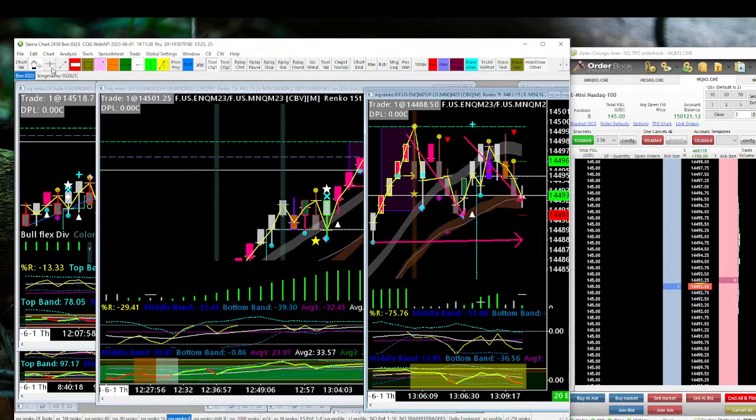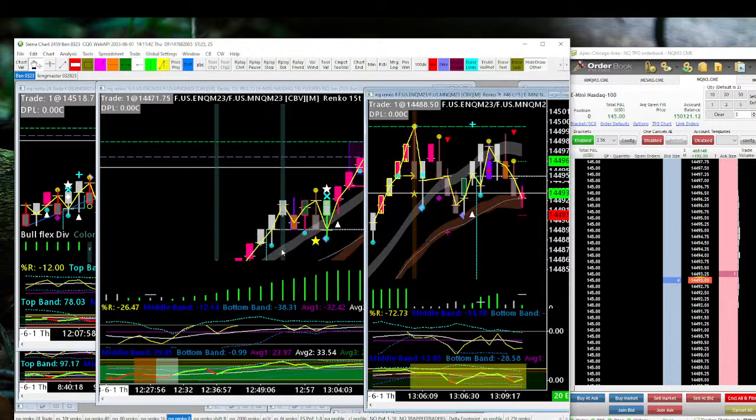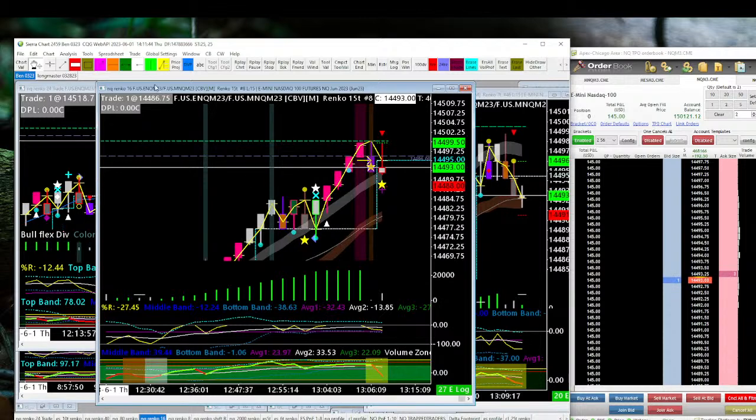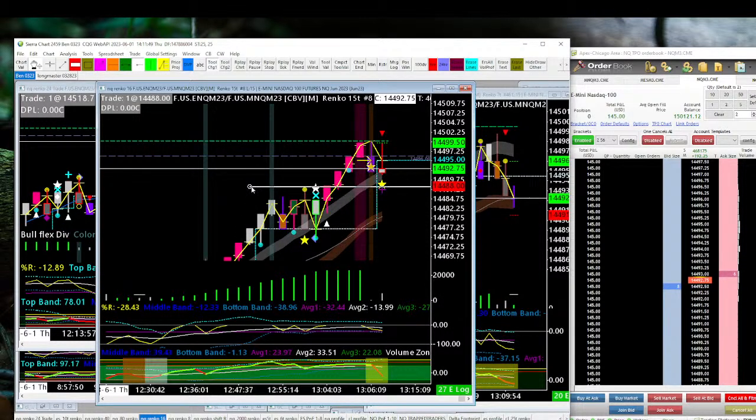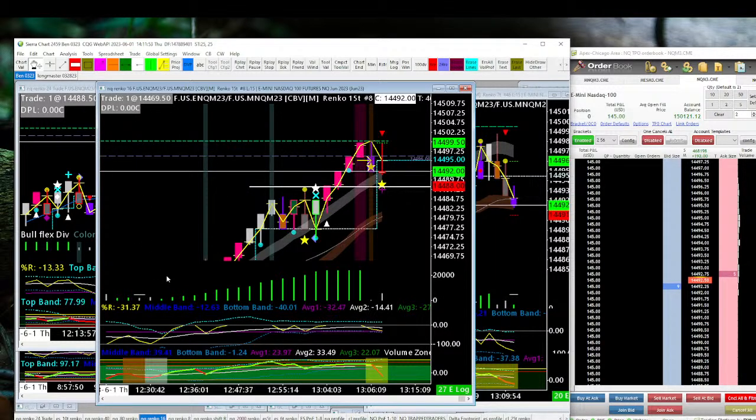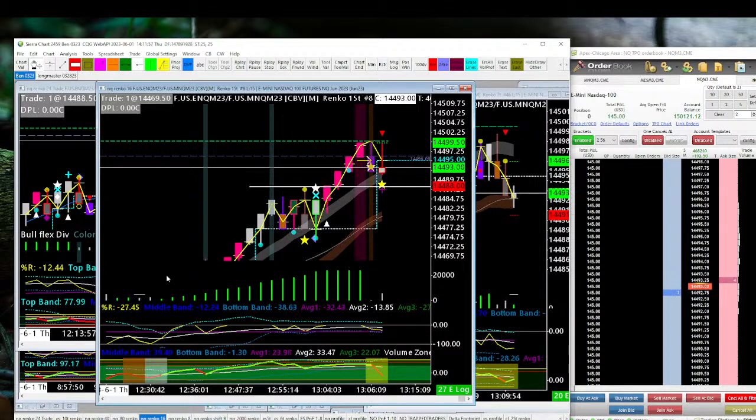So 88 on the smaller time frame is where the bears need to get to have any chance of cascading. So 88 right there. So get a bar to close under that, maybe you got a chance. If they go down there and they bounce it, it's probably bullish.